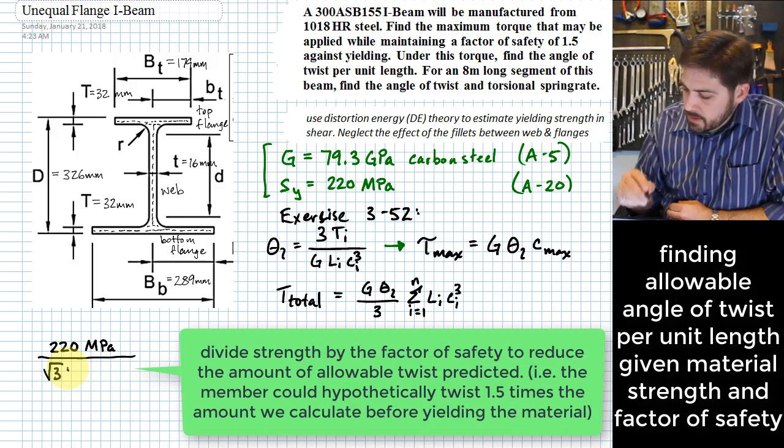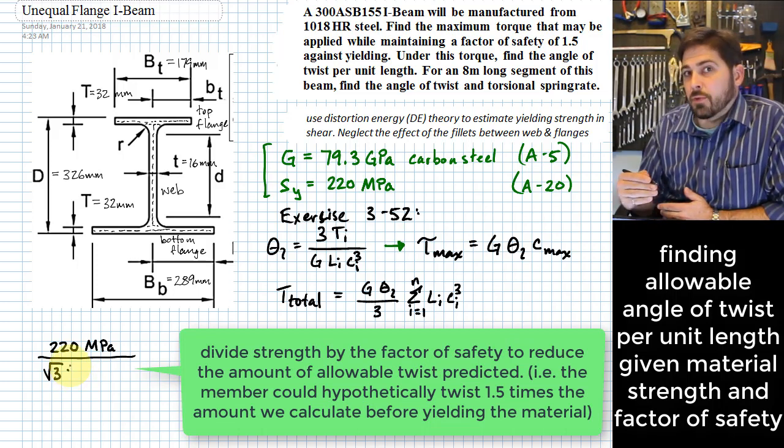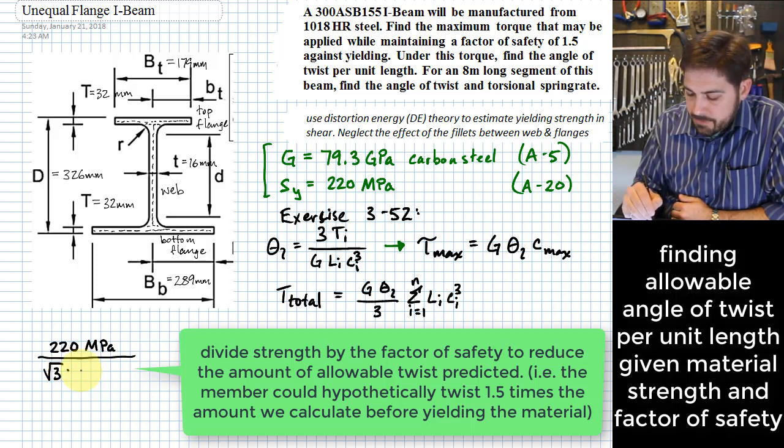All right. But the other thing that we will do here is we don't want to take the stress level right up to that amount that would cause it to yield in shear. What we want to do instead is back off a little bit, and that's where we apply our factor of safety.